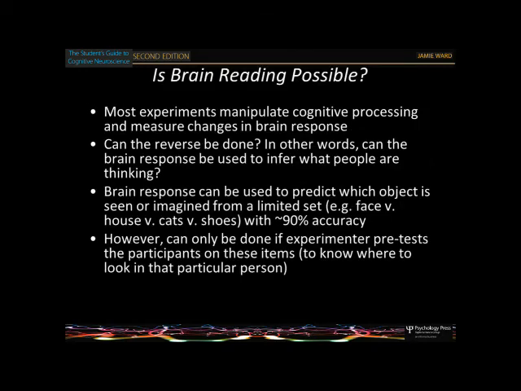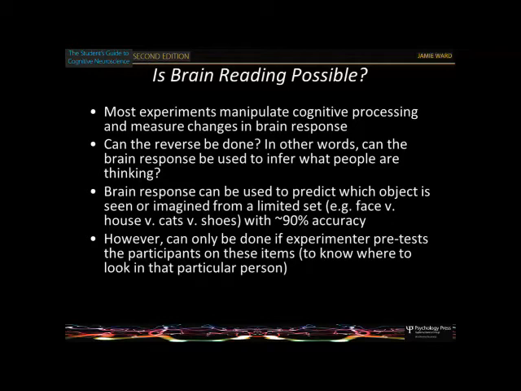And this is something that's been done, including with truth and so on. For instance, the brain response can be used to predict which object is seen or imagined from a limited set. Here they had 10 different categories, but then you choose on a binary basis, so it's 90% accuracy with a baseline of 50%.